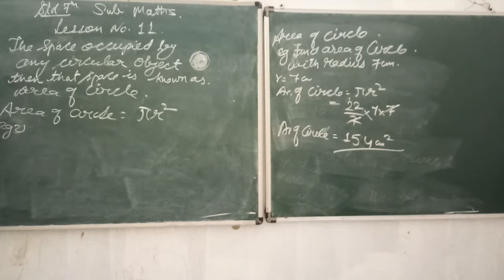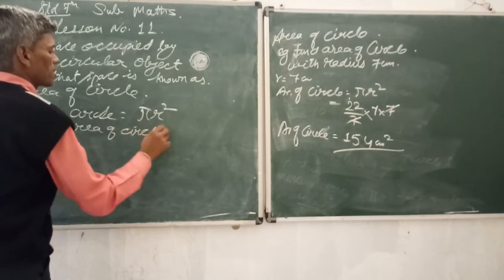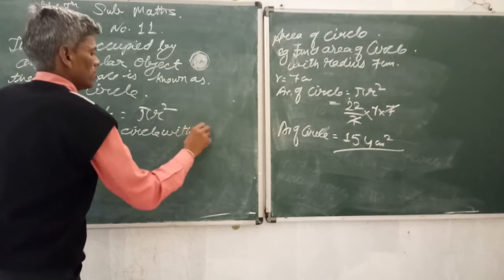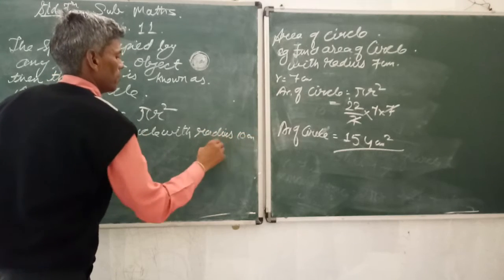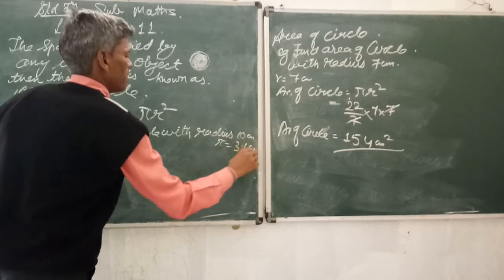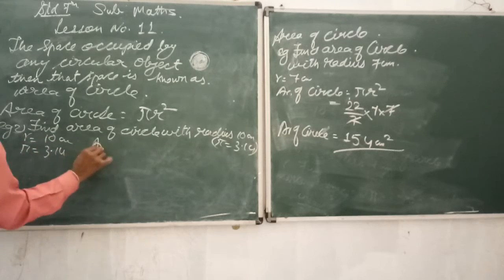Example 2: find the area of a circle with radius 10 centimeter, pi is 3.14. We know that r is 10 centimeter, pi is 3.14.